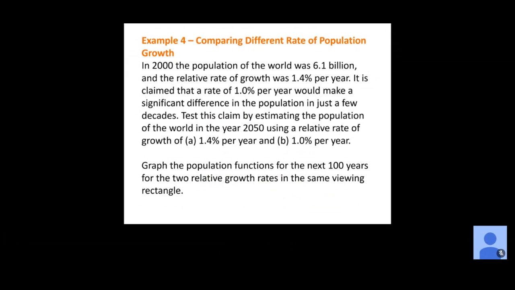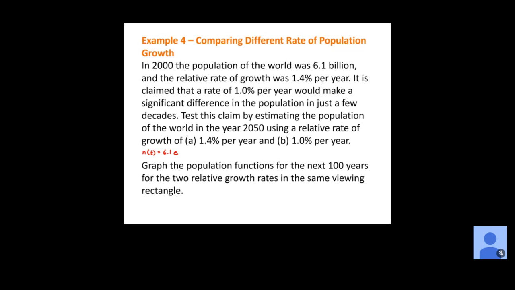So we're going to say in this case, we got N of t equals, we're starting here with an initial population in the year 2000 of 6.1 billion. I'm just going to go with 6.1. I don't want to actually write out the billion part right here. We'll just have to remember that whatever we get as our population is measured in billions now. Now, we're given a growth rate, which tells us we're using the formula with the e in it.